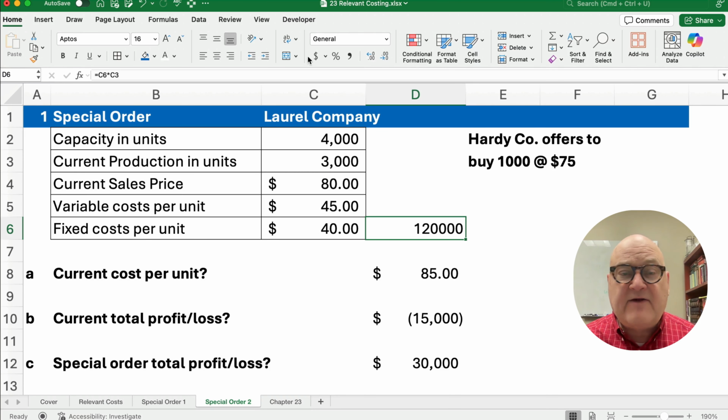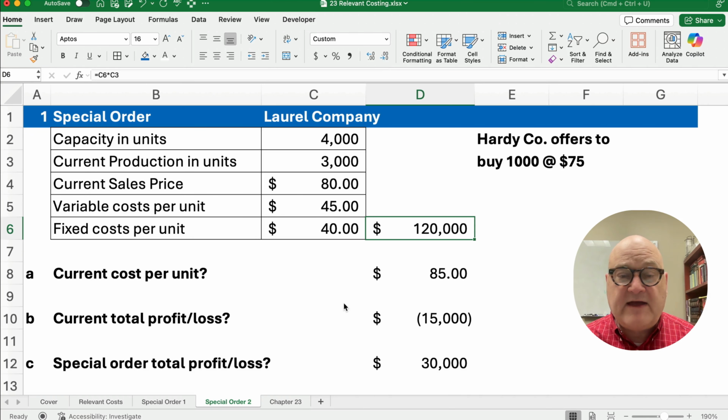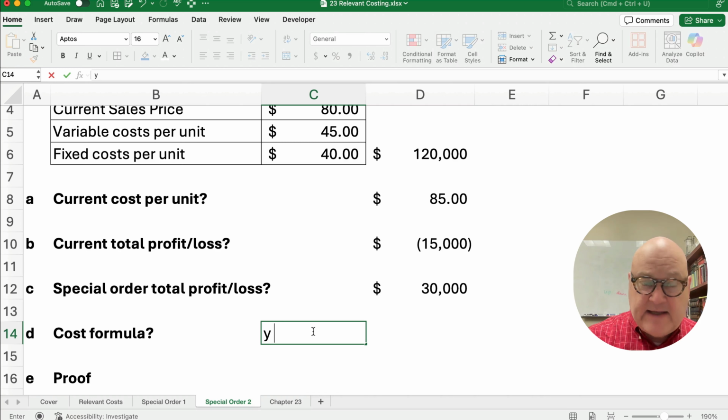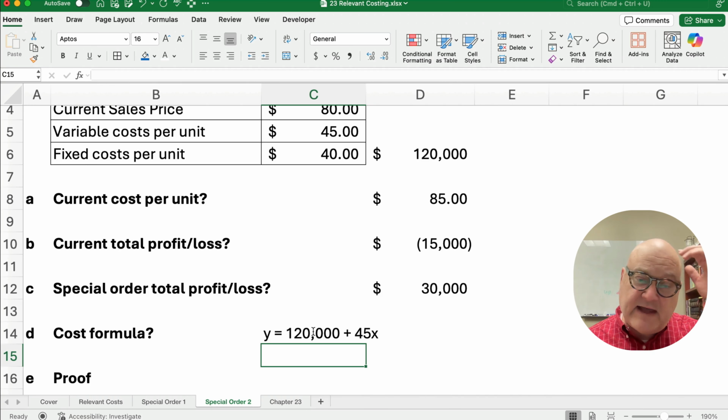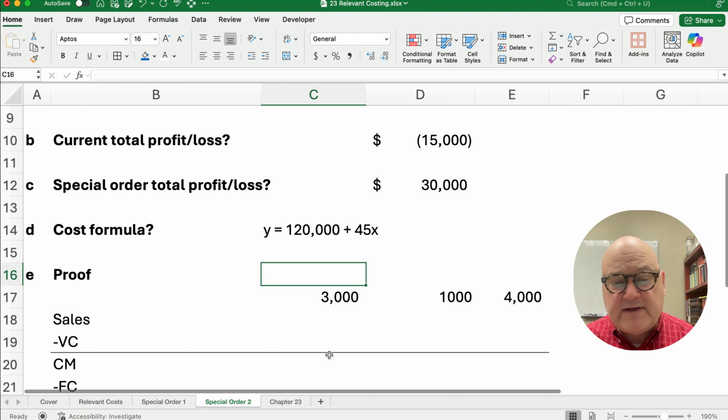So it looks like our fixed cost is really going to be $120,000. So our cost formula is going to be Y equals $120,000 plus 45x. That's our cost formula. Okay? So let's prove it.